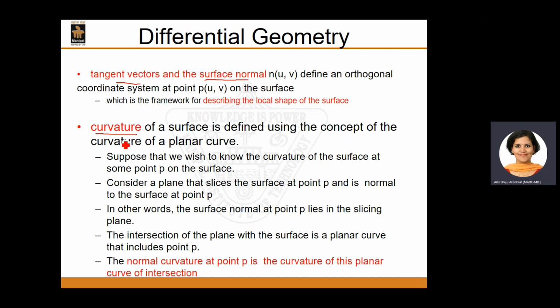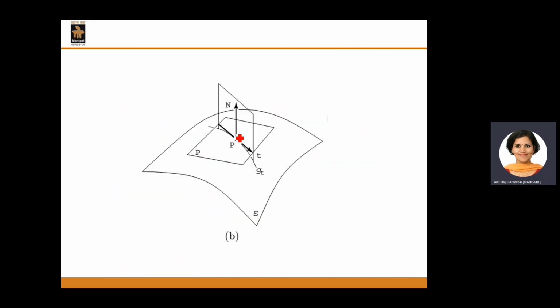In order to know the curvature, we need to measure the position of the point, the tangent vectors and the normal, and we also need to find this particular plane over here. This plane contains the normal, and at the same time it intersects the point we are considering on the surface.